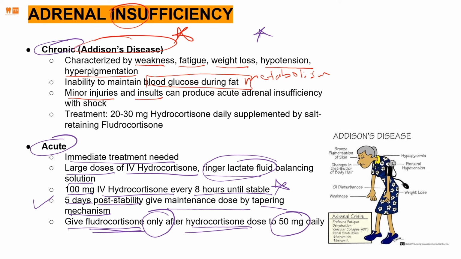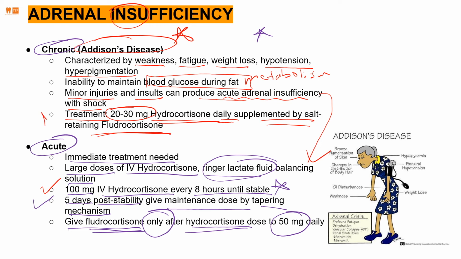Minor injuries and insults can produce acute adrenal insufficiency due to shock. Therefore, the treatment is this. However, for chronic Addison's, the treatment is 20 to 30 milligrams of hydrocortisone daily, supplemented by fludrocortisone at the same time. So that's the difference to keep in mind, you guys.